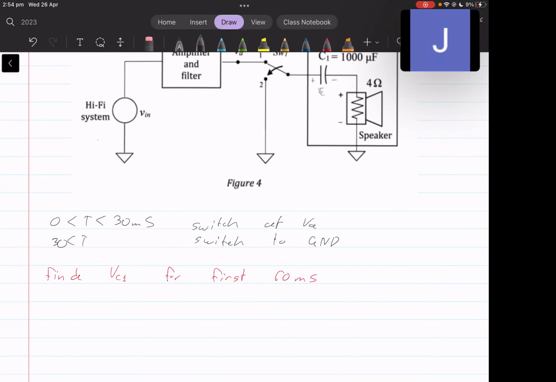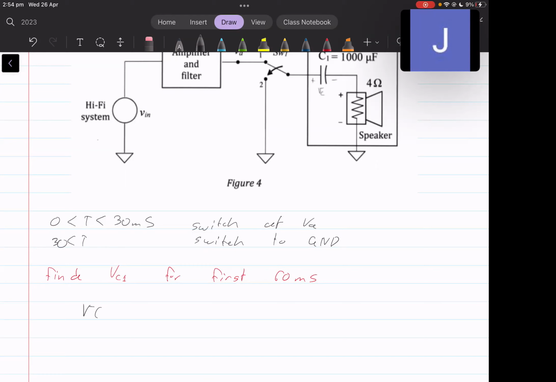So we'll start with the step response formula. Do you know what that is? Great.